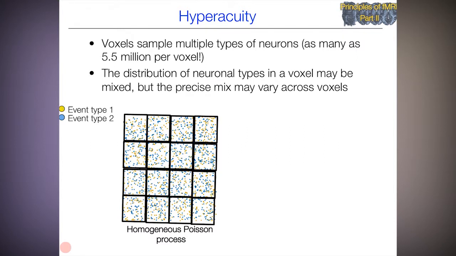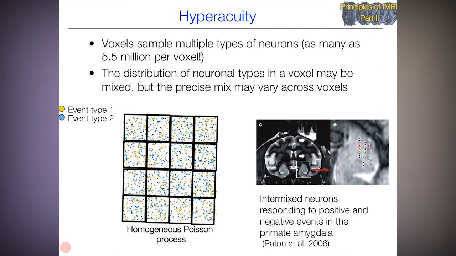But of course, we sample in voxel space on this very coarse grid, so now we're getting an average. The idea is that even with a random chance distribution, some voxels will contain more neurons that respond to event type 1 than 2, and other voxels the opposite. So across the pattern of voxels, I can actually detect some differences.